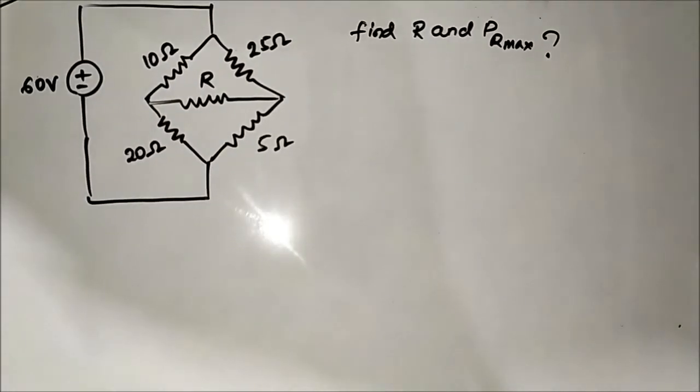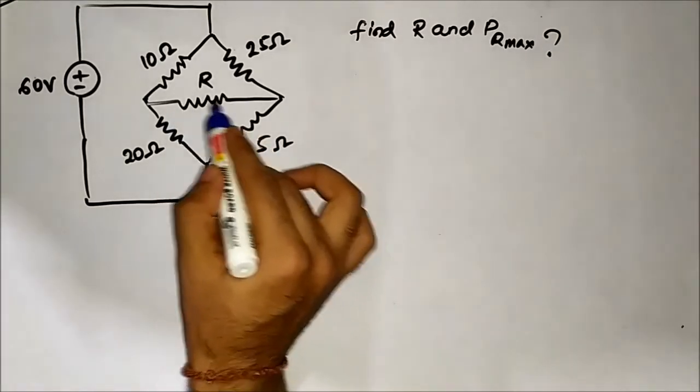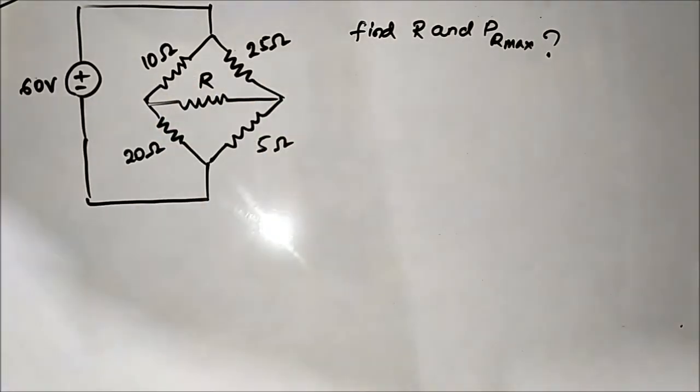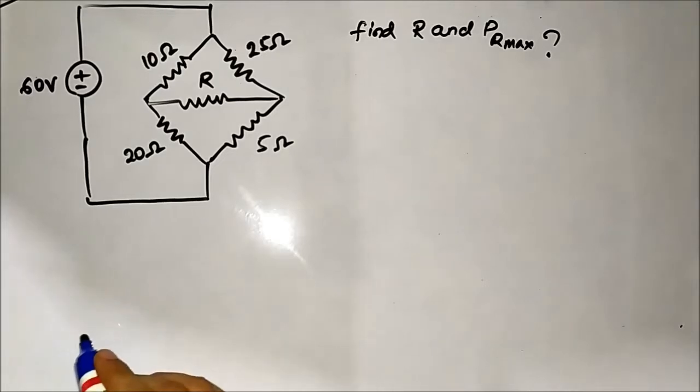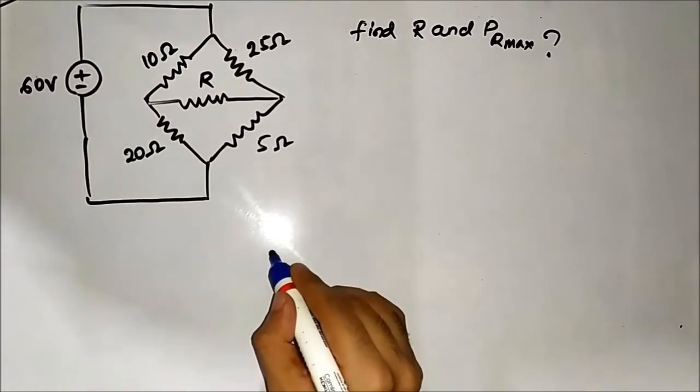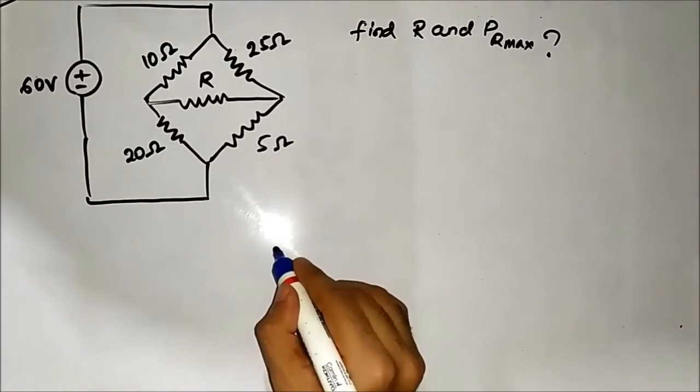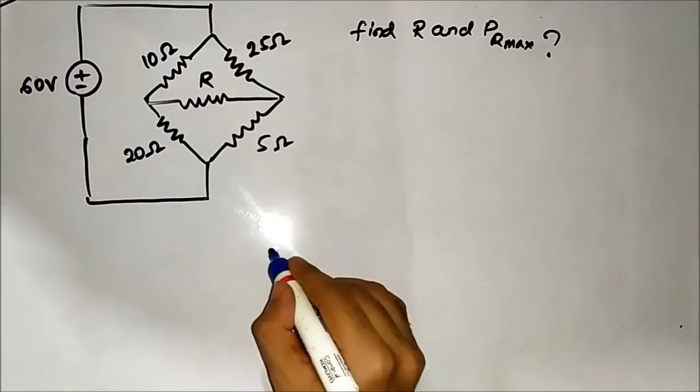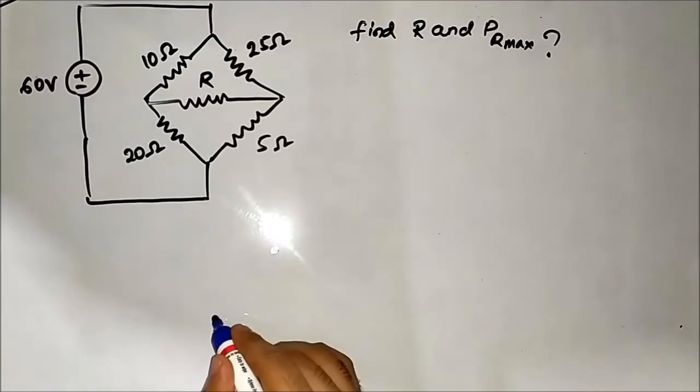So first we have to find VTH across these two terminals by removing this resistor. So we have to redraw the circuit. It will be something like this.